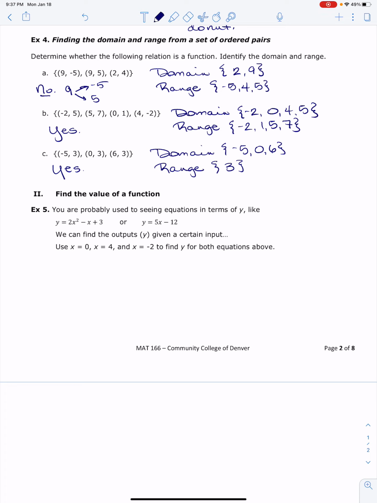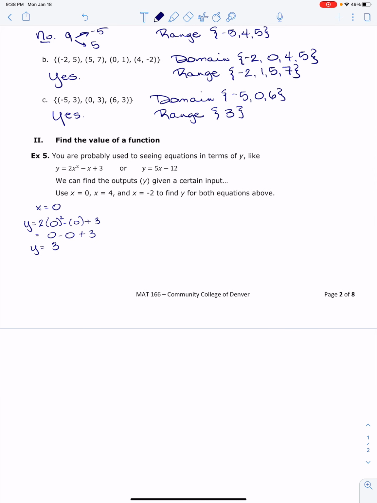So we're going to go x equals 0. Y is going to be 2 times... We are just going to plug in our x, figure out what y goes with that. I get 0 minus 0 plus 3. I get y equals 3.